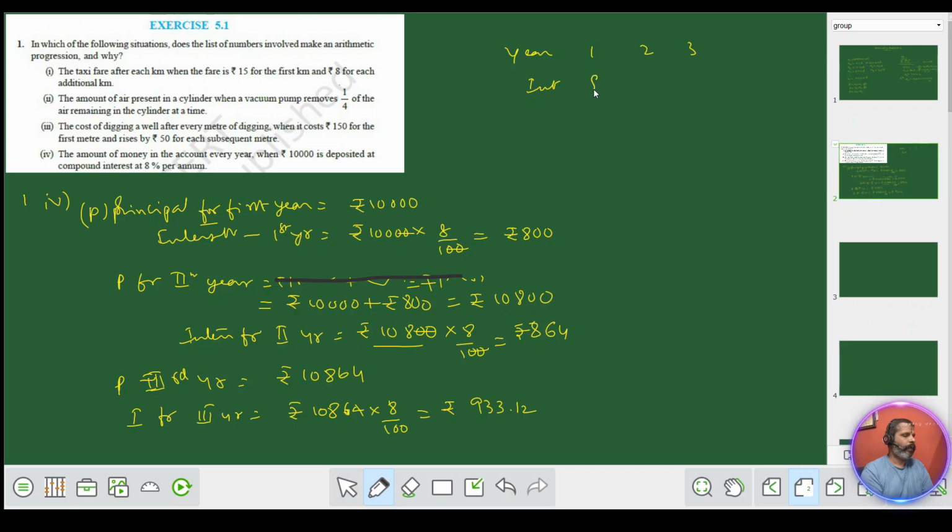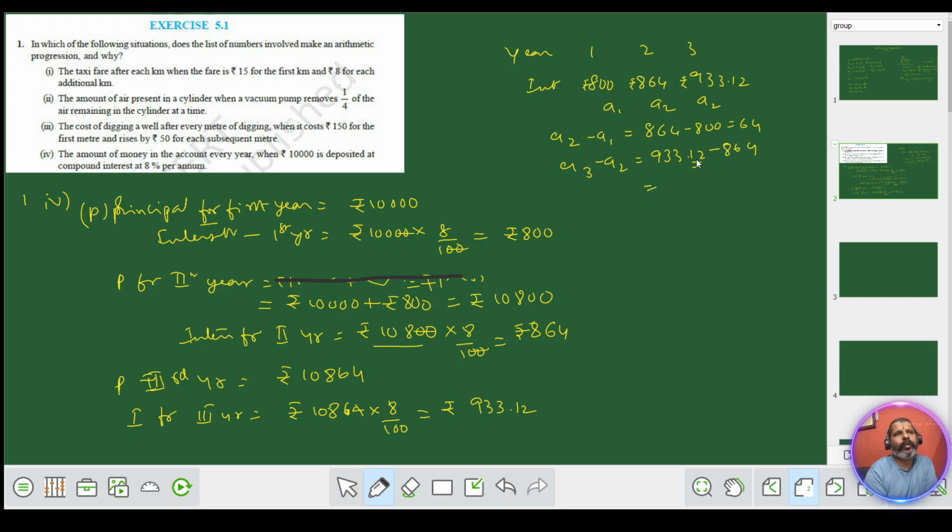So if you observe here, for 3 years we have found the interest: 800, 864, 933.12 rupees. If we check here, this is A1, this is A2, this is A3. A2 minus A1 becomes 864 minus 800, 64 rupees. A3 minus A2 becomes 933.12 minus 864.